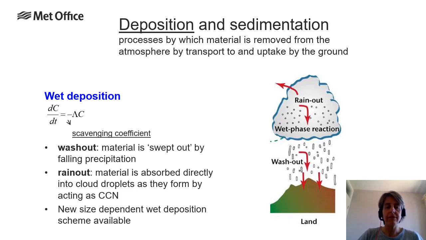The scavenging coefficient is dependent both on the precipitation rate, the cloud type or the precipitation type, e.g. snow or rain, the process, be that washout or rainout, and for particles, the size of the particles.